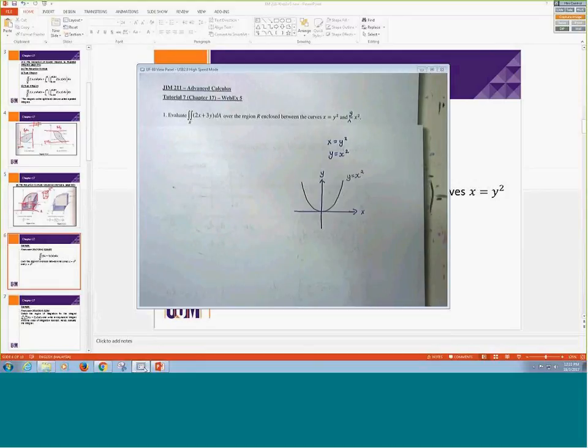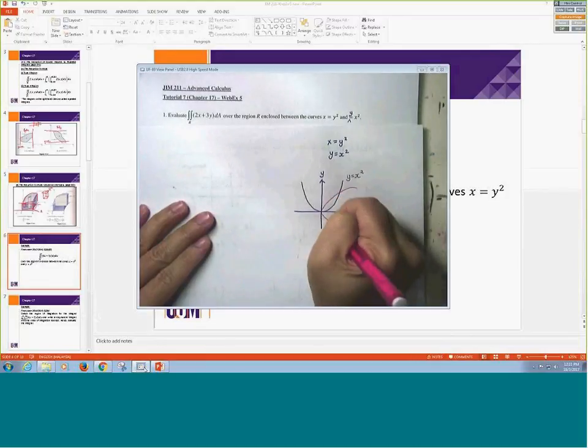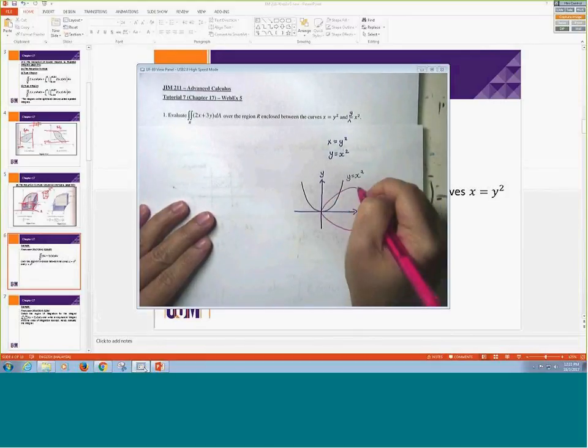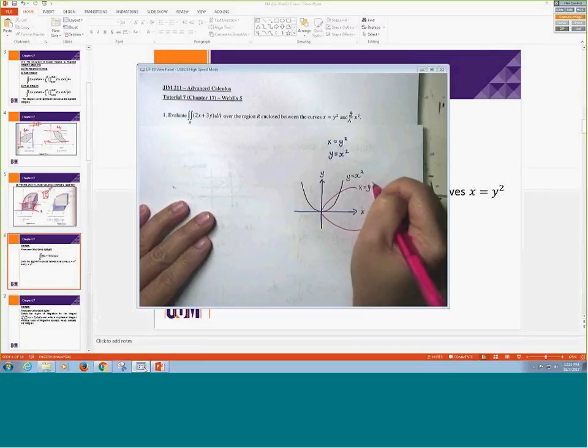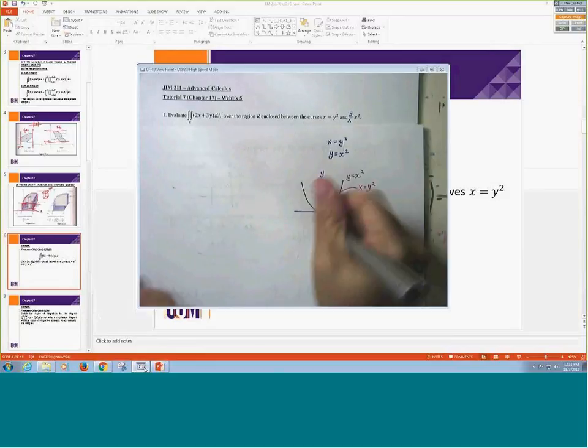And then x equals y squared is this curve. The region that is bounded by these two curves must be a closed, bounded region, and the R is actually this one.